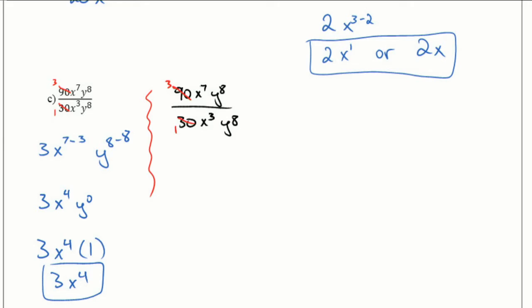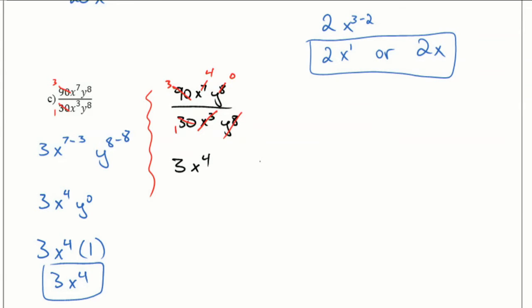I would look at my x's here and I'd say, oh, I have 7 minus 3, so I just cross this guy off and change this to a 4. And then 8 minus 8, I would just cross that off and change it to a 0. And then I kind of look at it and see what I have left. So I had the 3 divided by the 1, so I'm just going to write that as 3. I had x to the 4, and then I have y to the 0, which is going to give me 1.